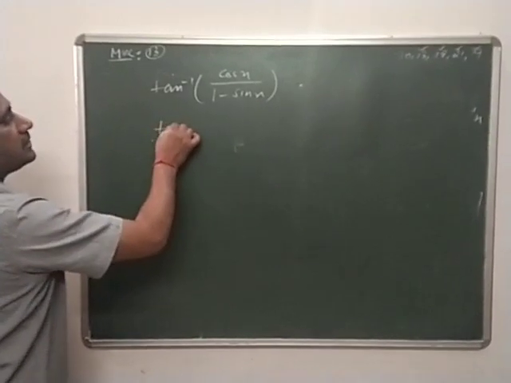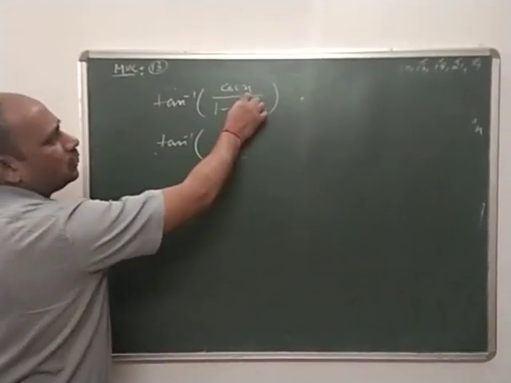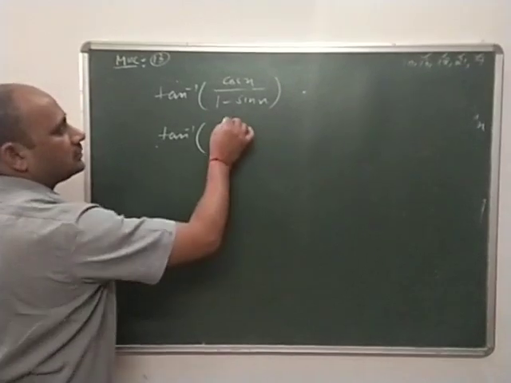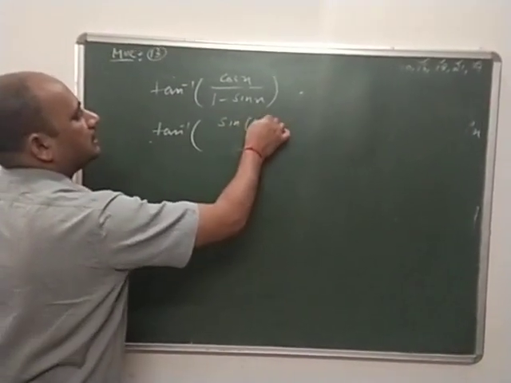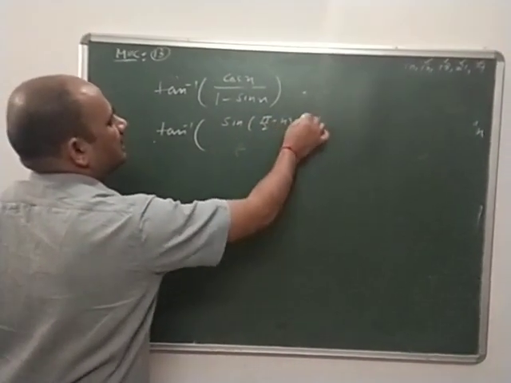We have already discussed that we change cos into sine, so we write it as sin of pi by 2 minus x.